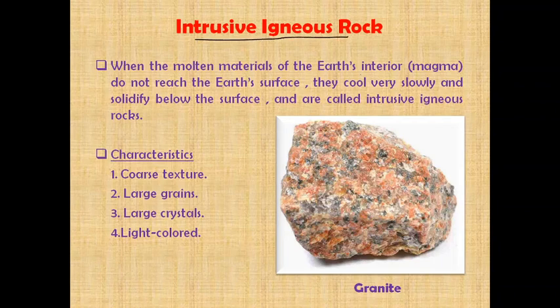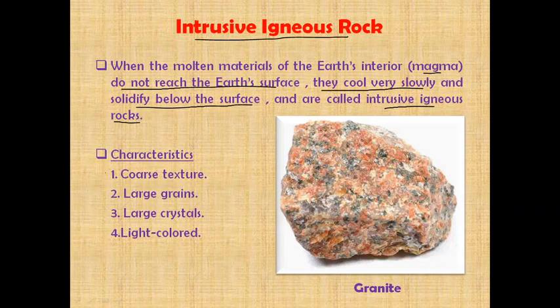When molten materials of the earth interior, that is magma, do not reach the earth's surface and they cool very slowly and solidify below the surface, they form intrusive igneous rock. Now as the cooling process of intrusive igneous rock is very slow because it is taking place under the earth's surface, the intrusive igneous rock develops the following characteristics.